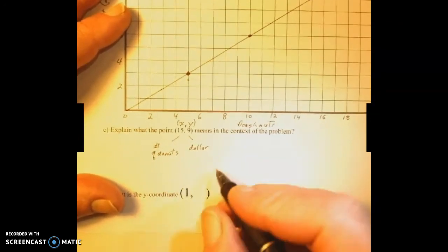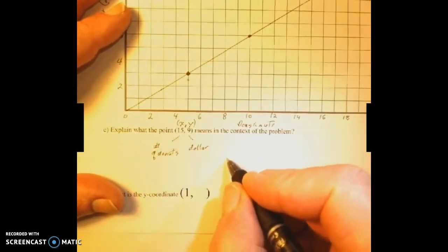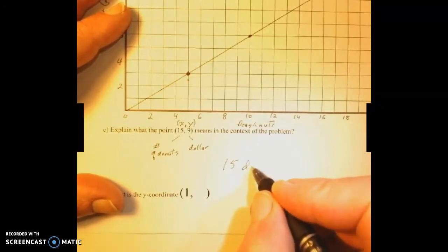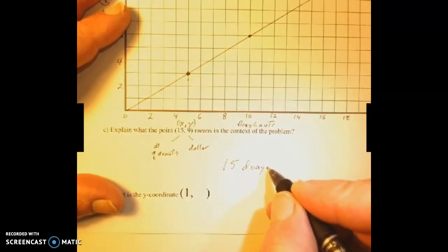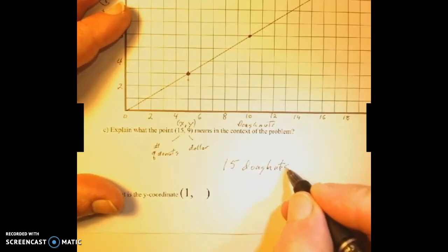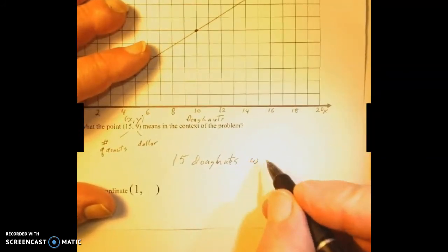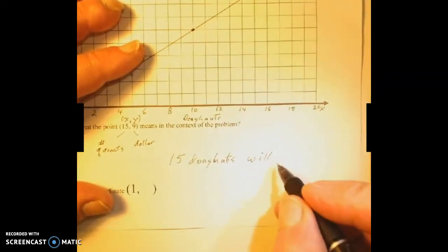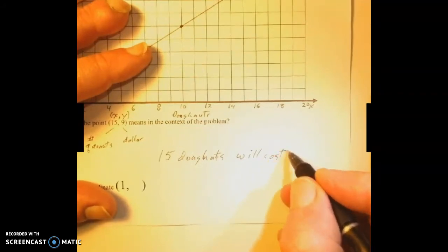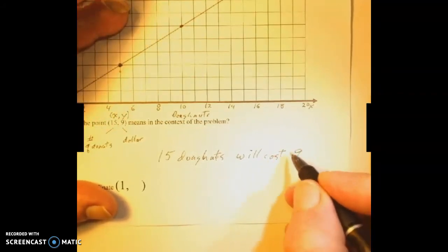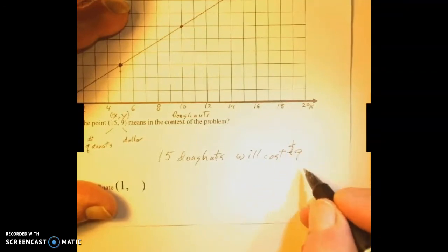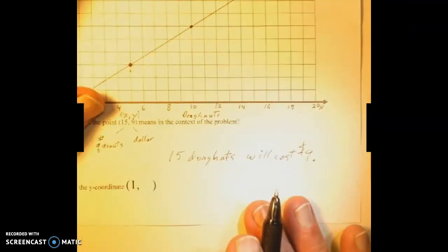It means 15 donuts will cost $9. And that question is answered.